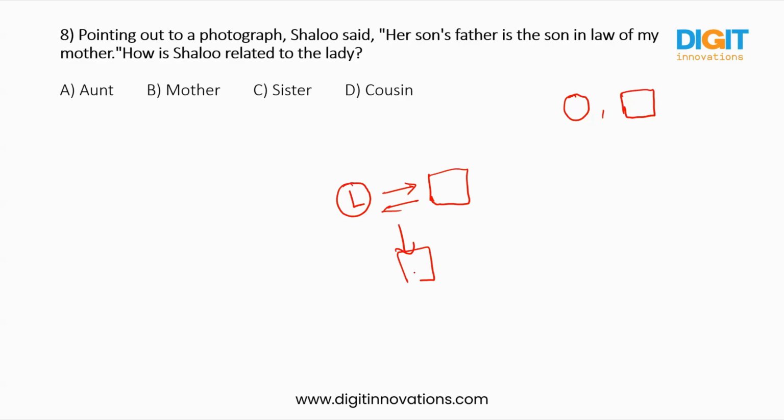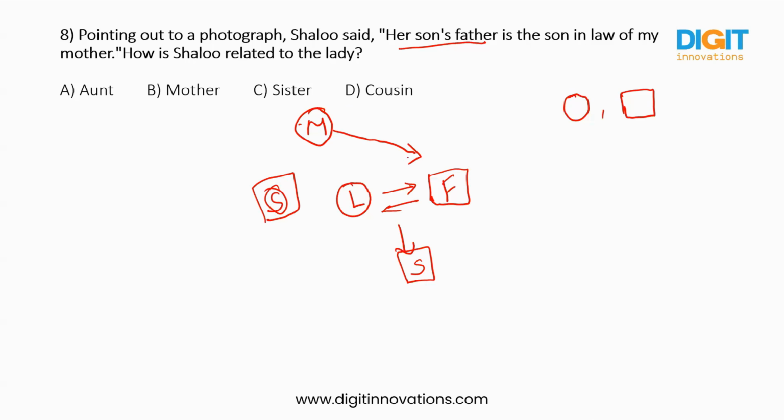And for them there is a son. Her son's father, so here is a father. That means her husband, and her son's father is the son-in-law of my mother. Whoever Shalu is, it can be girl or boy. We don't know. Her mother is there. And for her mother, he is the son-in-law.